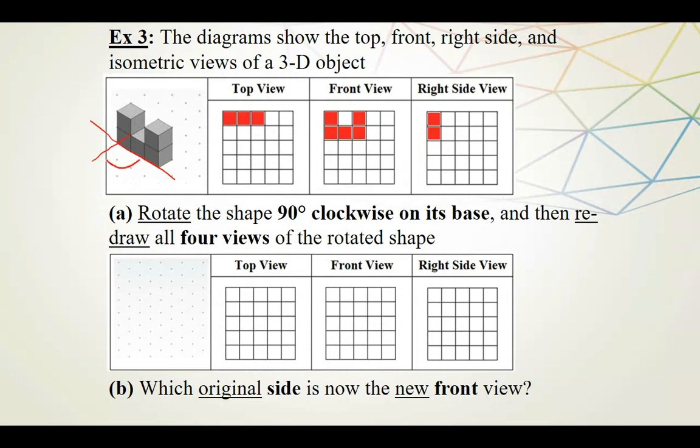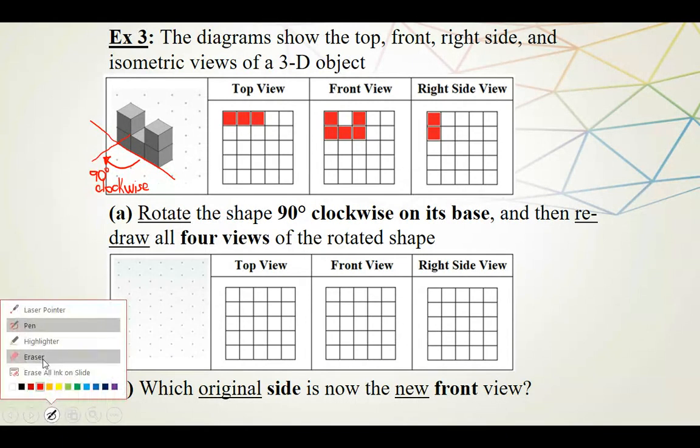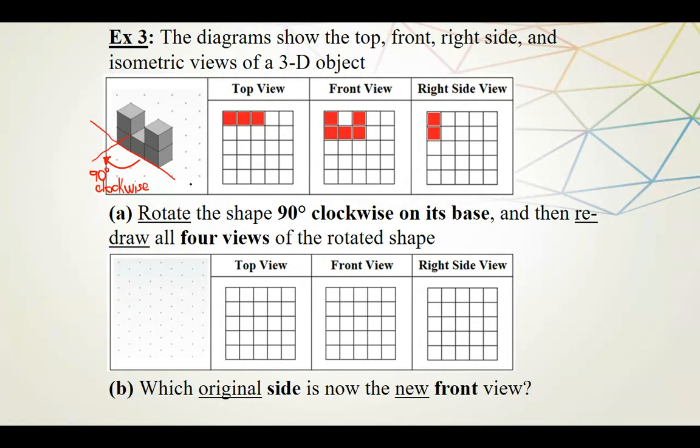So I'm going to rotate it like this by 90 degrees clockwise. Now, if I rotate this thing by 90 degrees clockwise, what's going to happen is the right side view is now going to look like the front view.